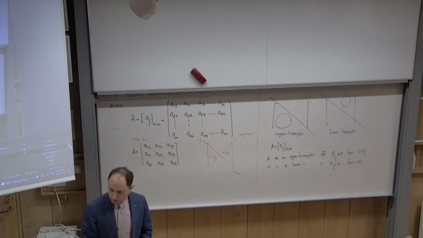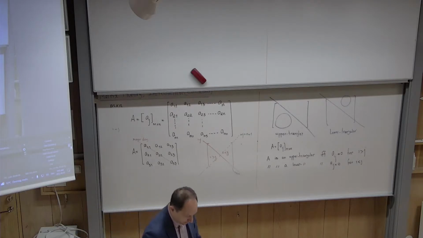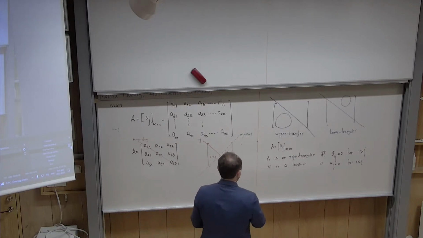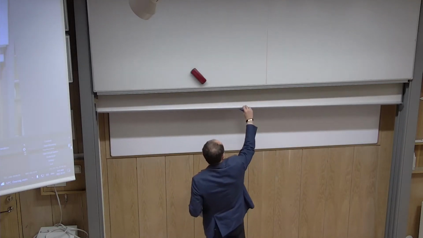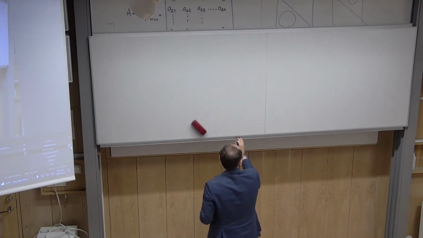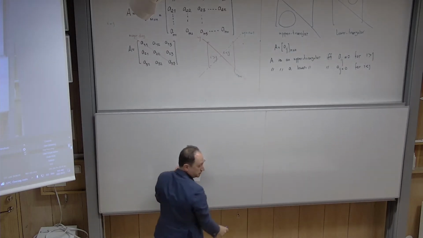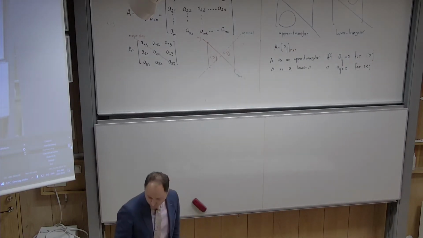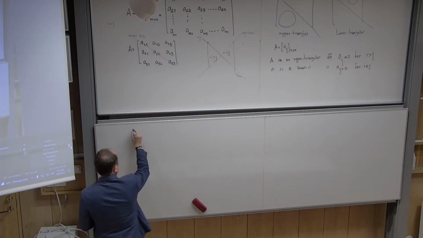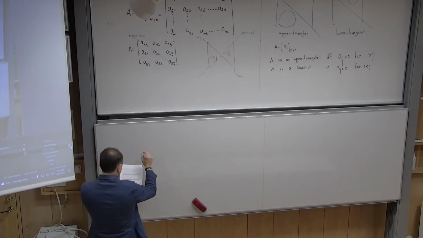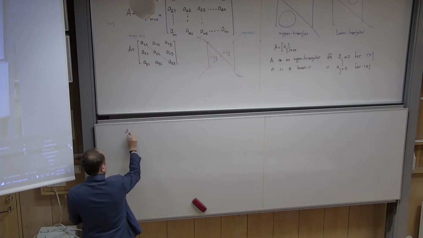Okay, so could you solve the problem? Let me write it down here. It is mentioned in the problem that A is a 3 by 3 matrix, yes? And then the entries are defined in this way.